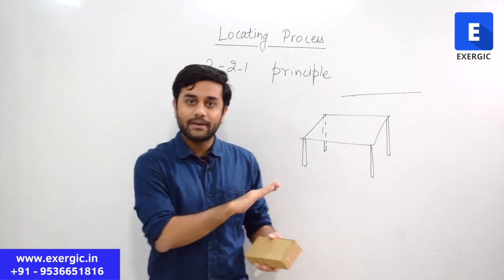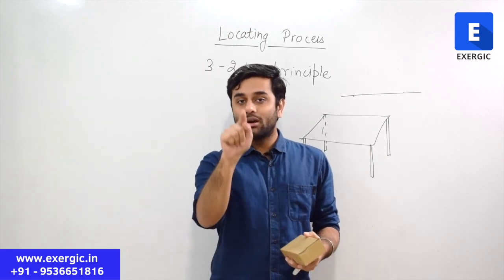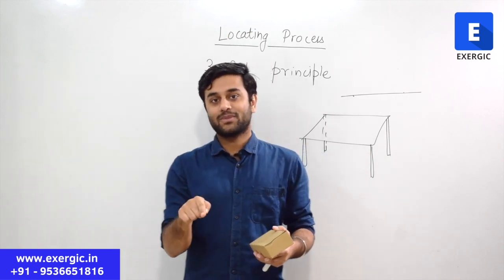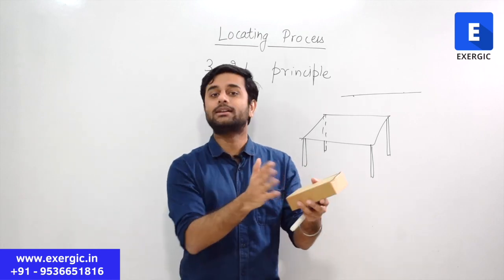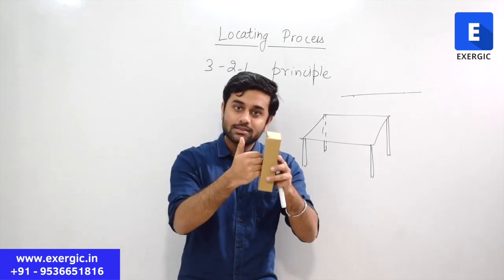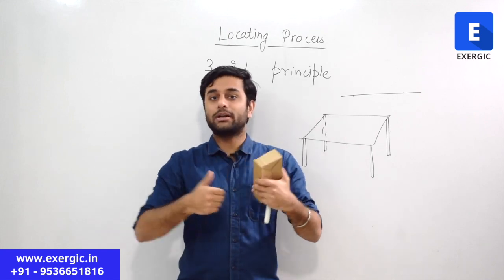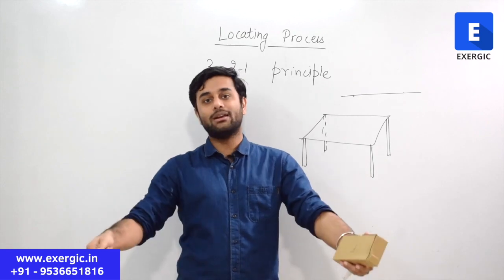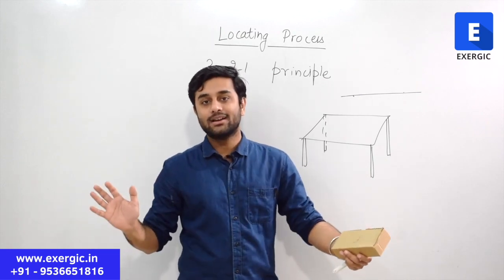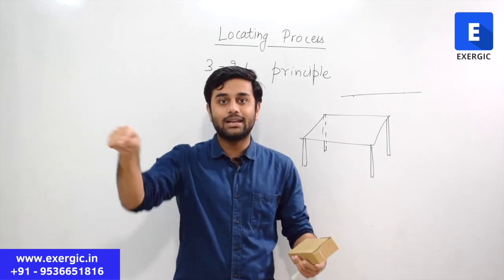So if you have a perfectly flat surface, it is always totally sitting on 3 points. The fourth one may be in touch with it, maybe slightly in touch, but not completely resting or supporting. It is a table, and even if it has 4 legs, it is always resting on 3 legs.